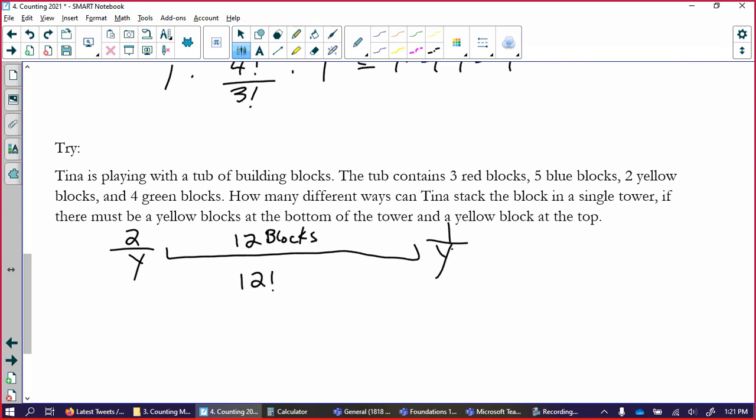So there's 12 factorial ways to arrange 12 of them. But we've got 3 factorial for the red, 5 factorial for the blue, 4 factorial for the green, red, blue, and green. And so I can say essentially that's going to be 2 times that.